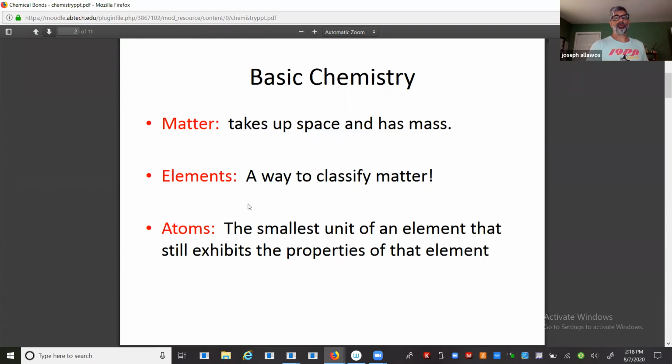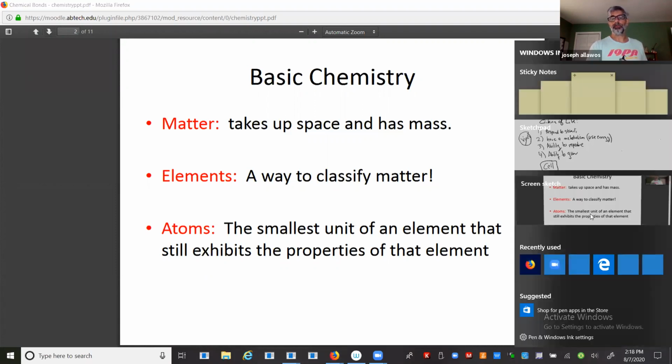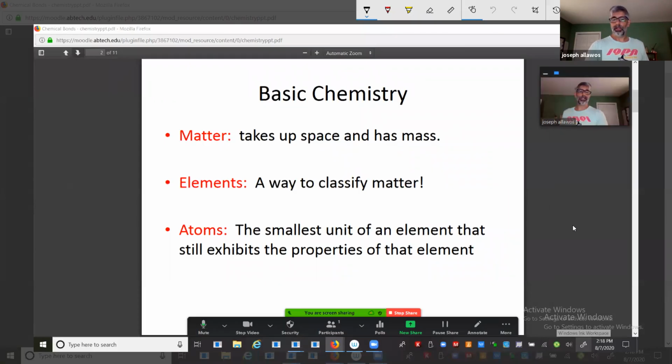If we want to think about what elements we are made out of primarily, if you look at living things, 99% of what we're made out of is carbon, oxygen, hydrogen, nitrogen, sulfur.